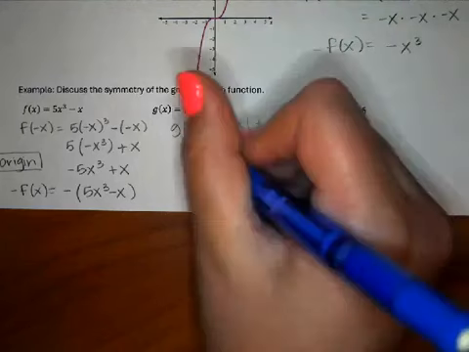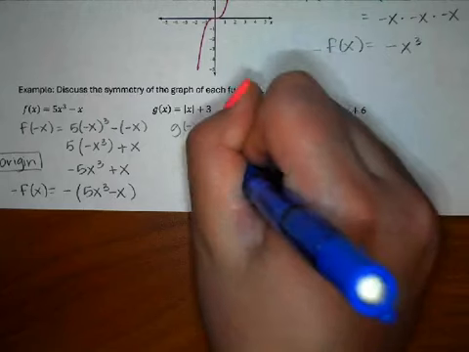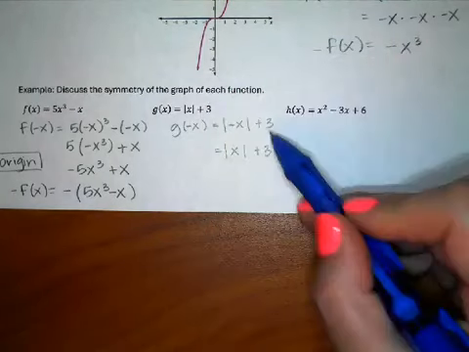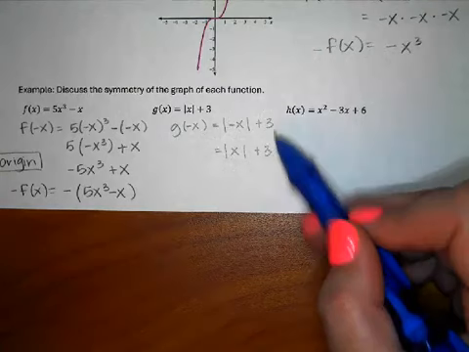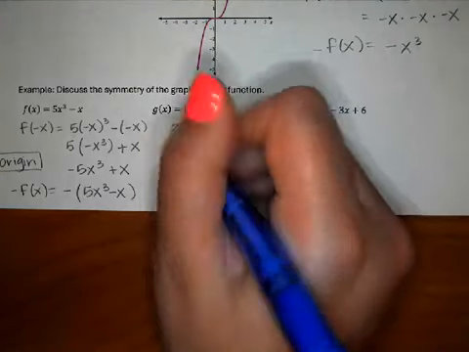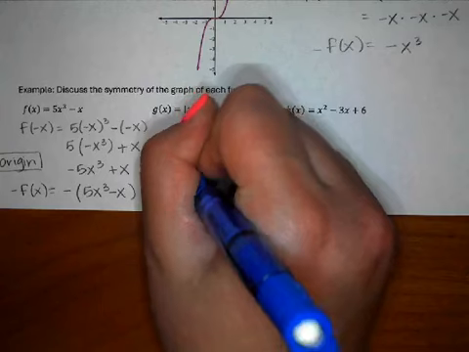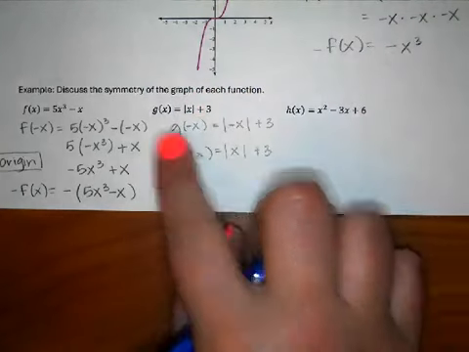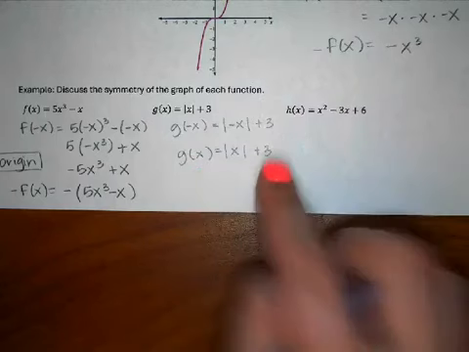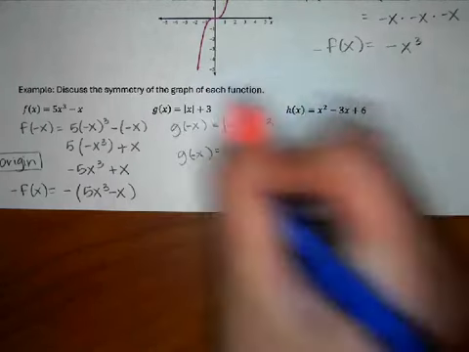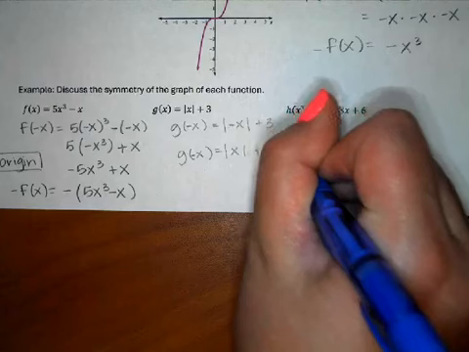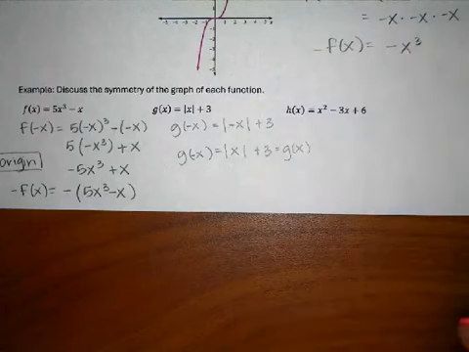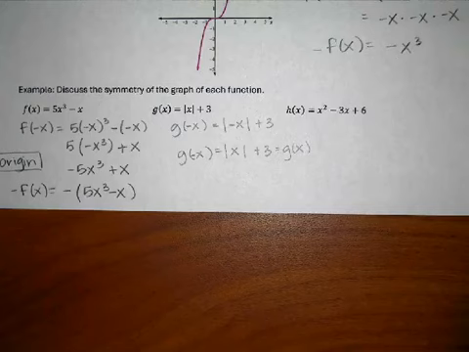And nothing changed about the 3 because I wasn't plugging in an x there. So this is the same as g of x. G of negative x and g of positive x end up being the same thing. And so I would say this is an even function. If they asked me, is this even or odd, I'd say it's even. But they didn't ask that. They asked about the symmetry, so I'm going to say it's symmetric about the y-axis.